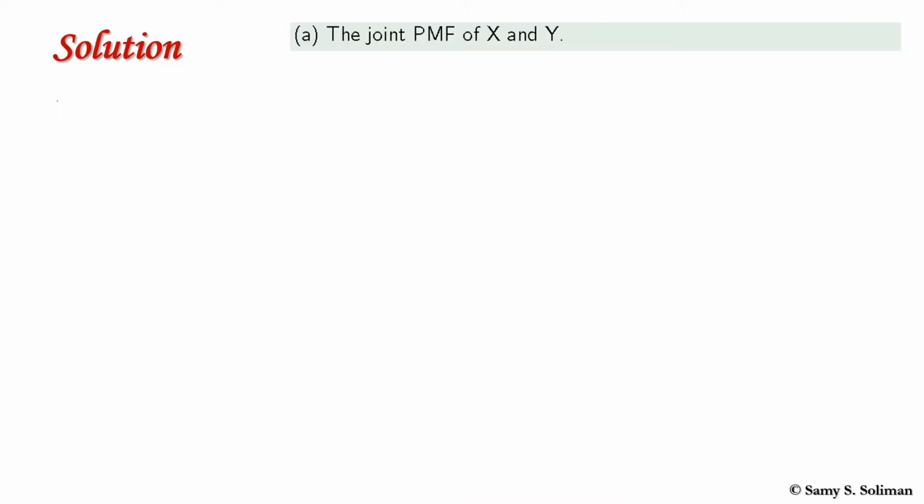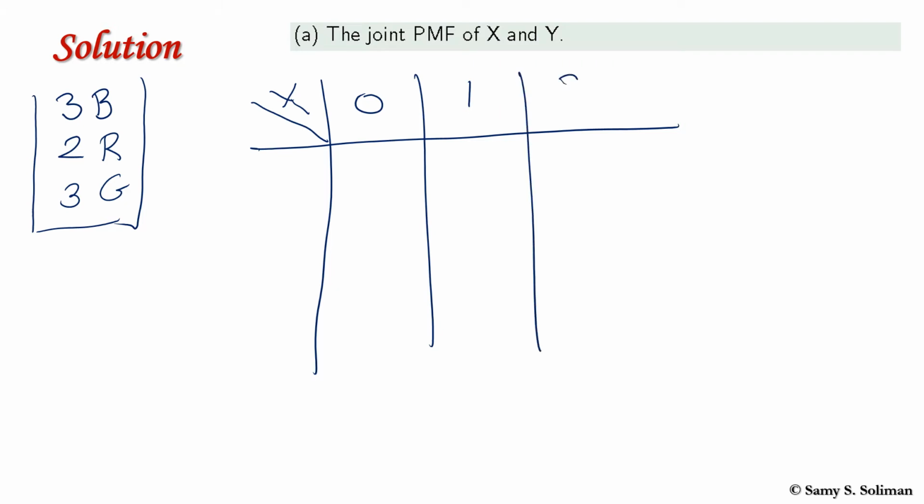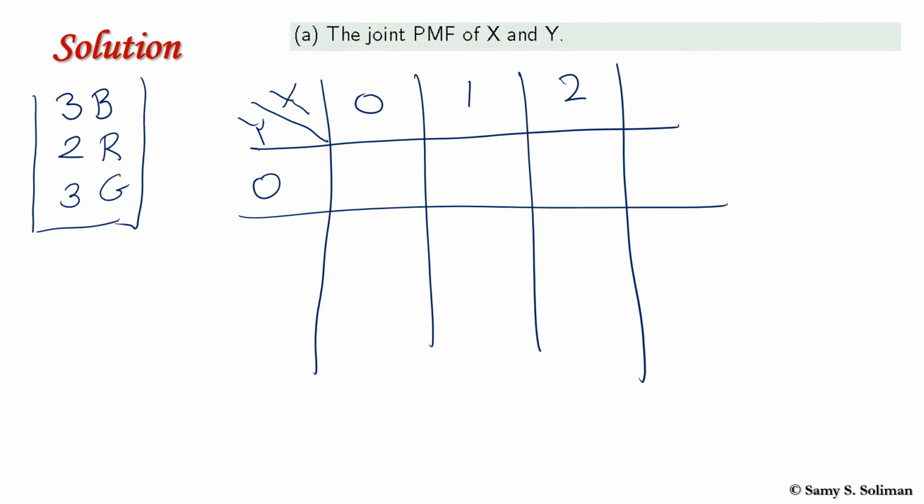Again, we have the box of 3 blue balls, 2 red balls, and 3 green balls. As we used, let's write our table where x can be equal to 0, 1, or 2, and y can be equal to 0, 1, or 2. And each cell represents the joint distribution.